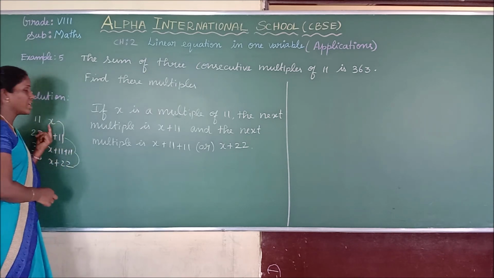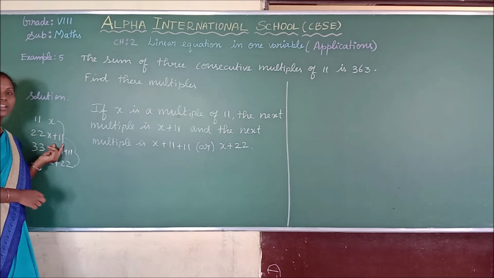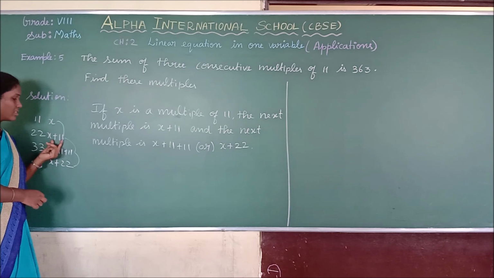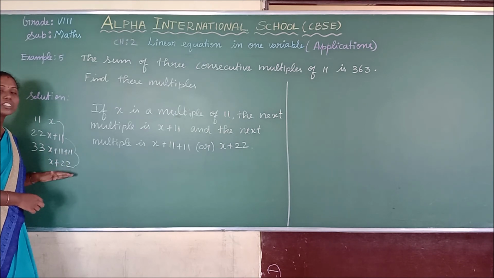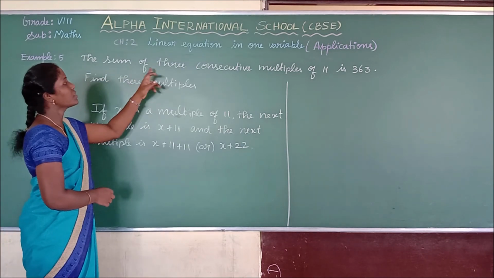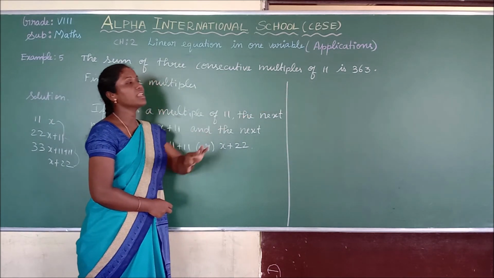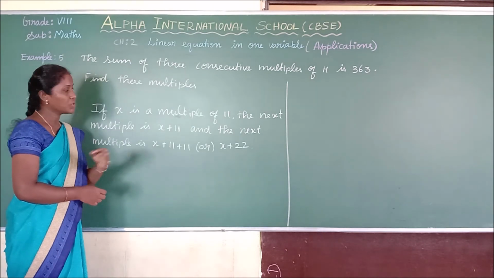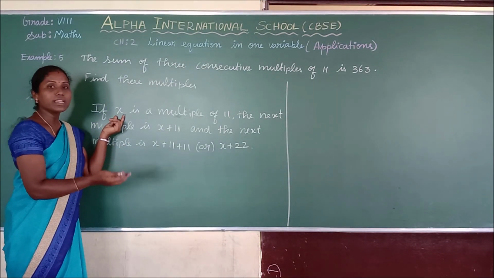Yes, if you are taking x as the first number, the next number will be added with 11. The next number is added with the previous number by 11. Likewise, we can find the consecutive multiples of 11. Here, the sum of 3 consecutive multiples of 11 is 363. So, we are assigning the first number as x. What will be the next number?